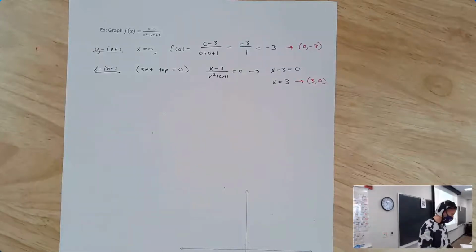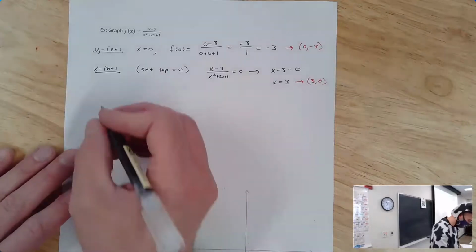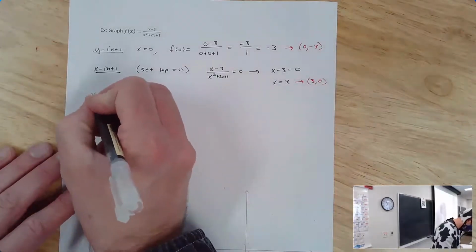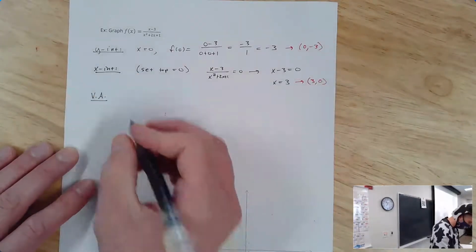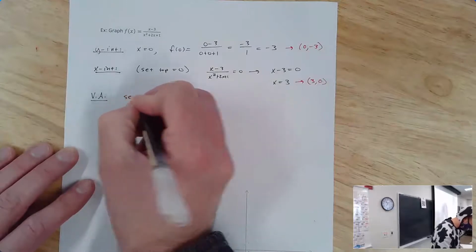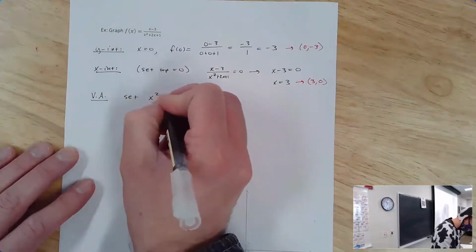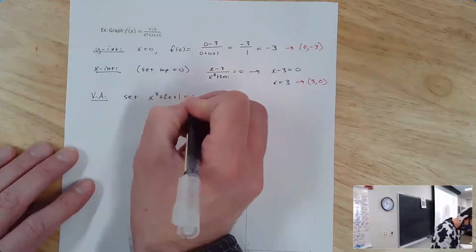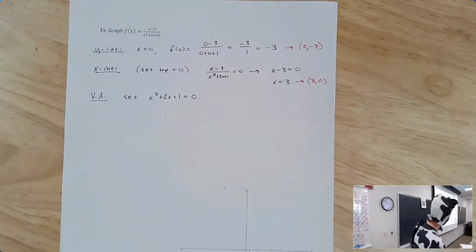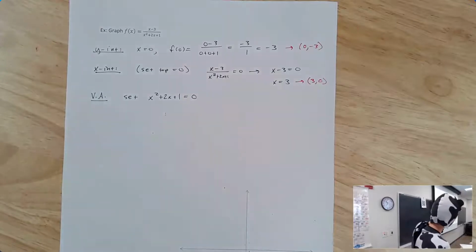All right, let's find our asymptotes. Vertical asymptotes. Again, we're going to set the denominator equal to 0. And I'm going to hope that factors. It does factor. How does that factor?